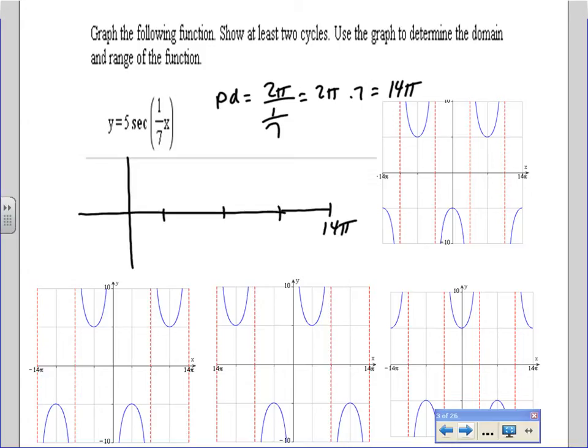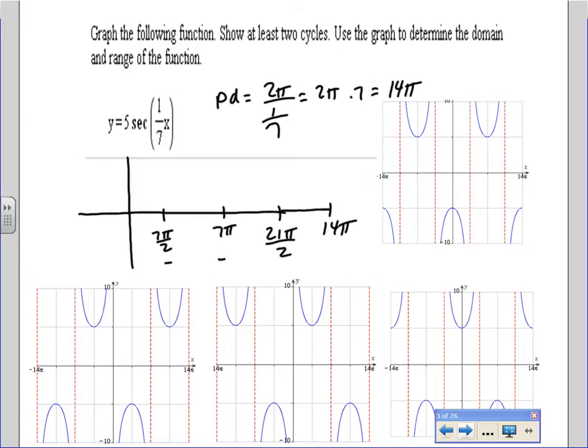Halfway would be 7 pi, and then half of that would be 7 pi over 2. So you're counting by 7 pi over 2. So 7 pi over 2, 14 pi over 2, and then 21 pi over 2.